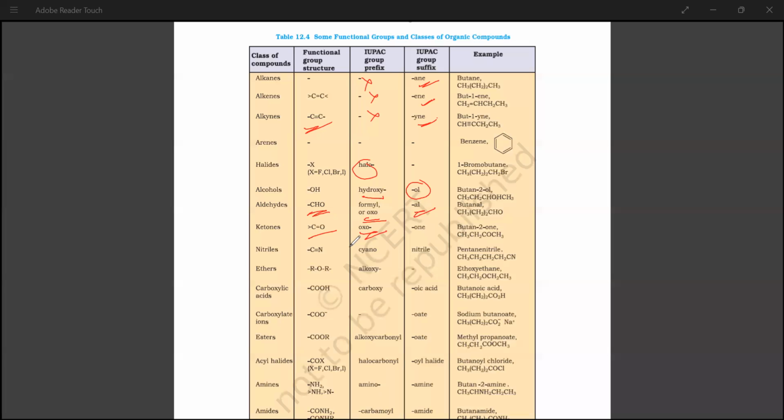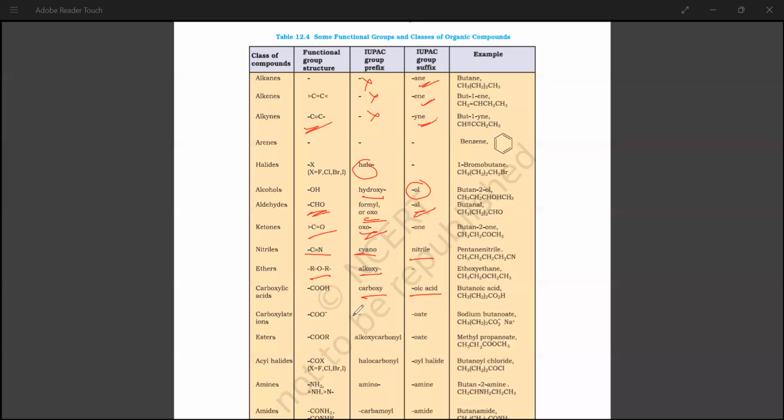The prefix for nitriles will always be cyano, and the suffix will always be nitrile. For ethers, the prefix can only be alkoxy. There will not be any suffix. And for carboxylic acid, that is COOH, the prefix will be carboxy, and the suffix will always be oic acid.